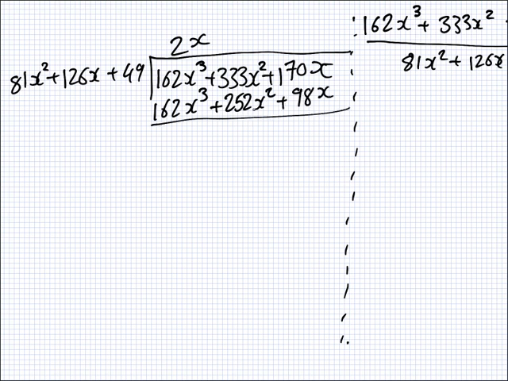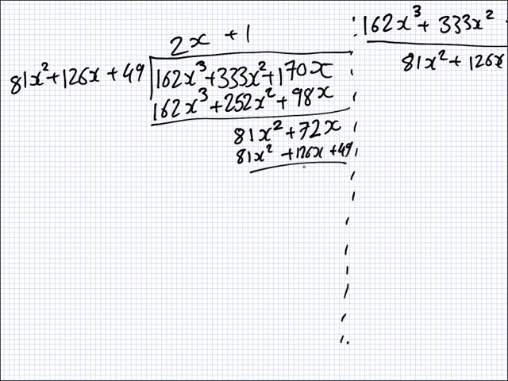And then when I subtract, that's 81x squared plus 72x. So the last guy has to be 81x squared, right? Oh, sorry, what am I saying? Of course, 1. 81x squared plus 126x plus 49.